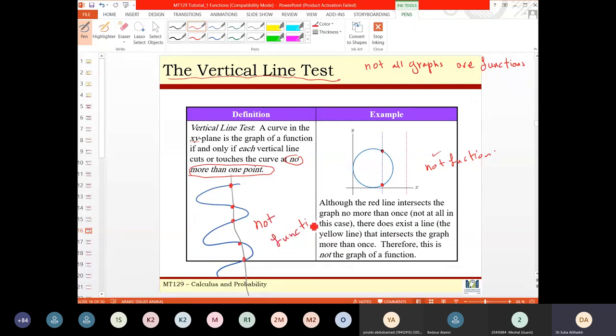So this is what this slide is about. If I have a graph, how do I know if it is a function? By drawing a vertical line. If the vertical line touches at just 1 point everywhere, all the vertical lines I can draw, it means it's a function.